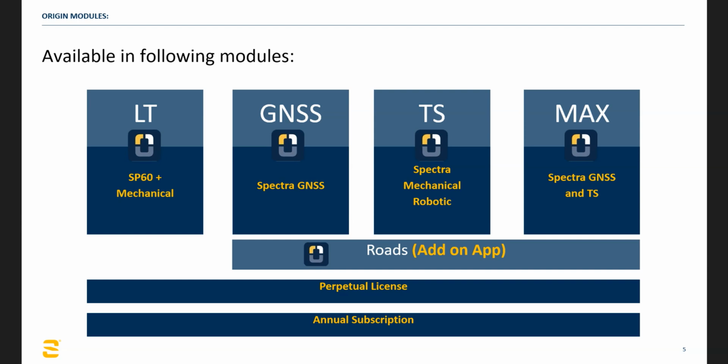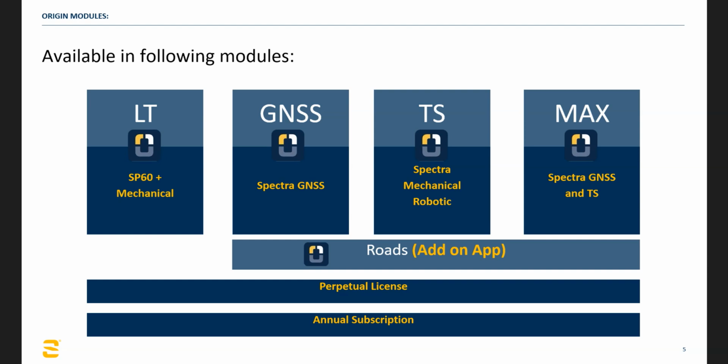So as the names say, GNSS supports Spectra GNSS receivers, the total station version will support Spectra mechanical and robotic total stations, and also mechanical total stations from Nikon. And Max, that's for integrated survey. It will support both Spectra GNSS and total stations.